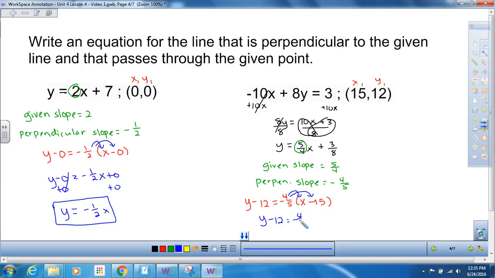So negative 4/5 x. Negative times negative is positive. 4/5 times 15 is 12. Okay, then add 12. So we get y equals negative 4/5 x plus 24. All right, so this one took a little bit more work because you first had to get y by itself in your original line.